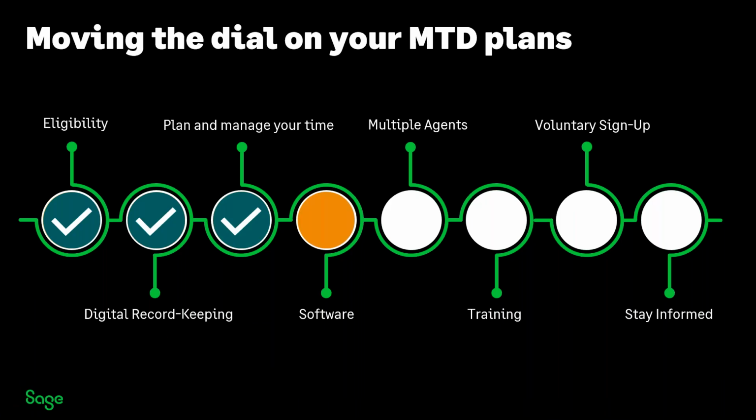Next, you want to look at software. You want to choose MTD compatible software that suits your business needs. Many new software providers offer solutions that can help you comply with the new requirements. Then, agents.